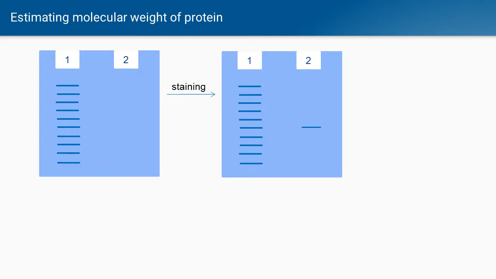For that you have to stain it, and then only you will be able to see your protein or polypeptide band. So you can directly compare it with the ladder, or you can prepare some standards of known concentration, like you can use BSA of different concentrations, and make a straight line graph taking log of molecular weight on the y-axis and relative migration of the bands on the x-axis.